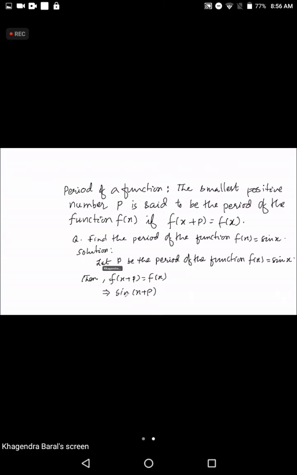Now we simplify this. To simplify, you can bring the term sin x to the left side, it becomes minus sin x, and use the formula for sin c minus sin b.